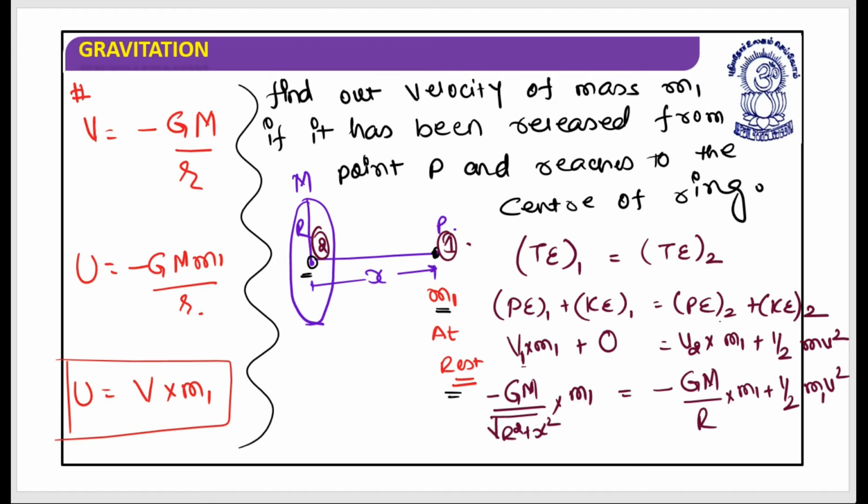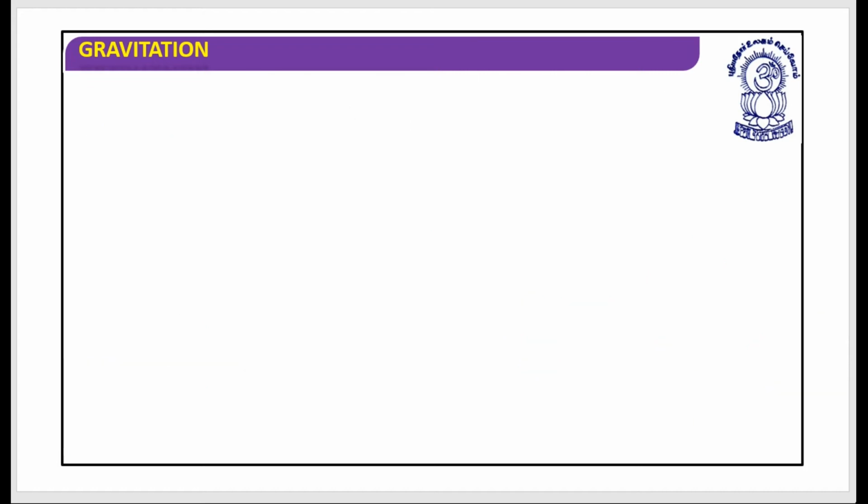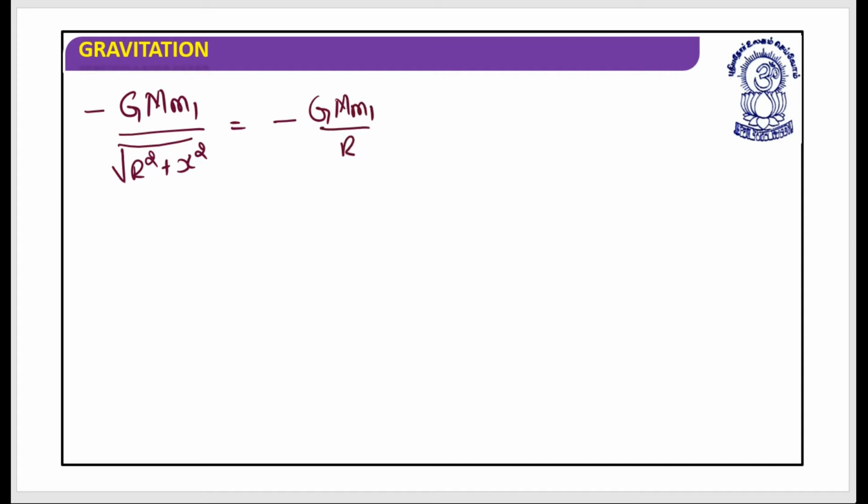From this, the data I have is: minus GM m1 divided by root of r square plus x square is equal to minus GM m1 divided by r plus half m1 v square. The m1 cancels out, and I'm looking for v square.